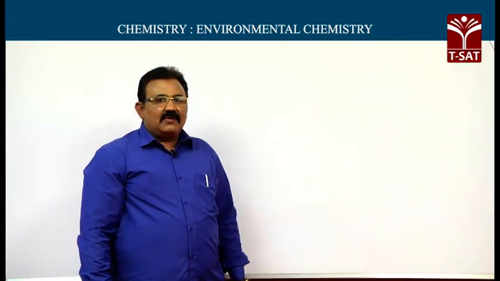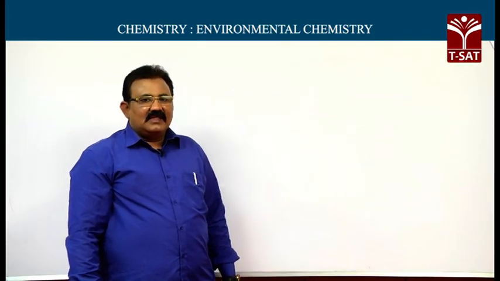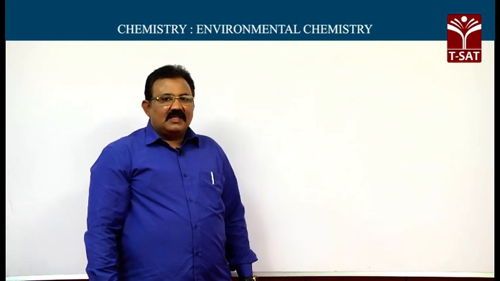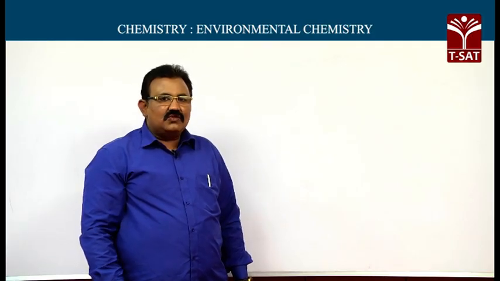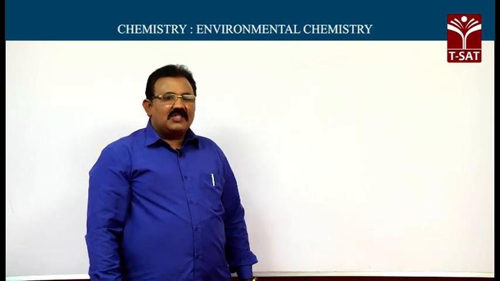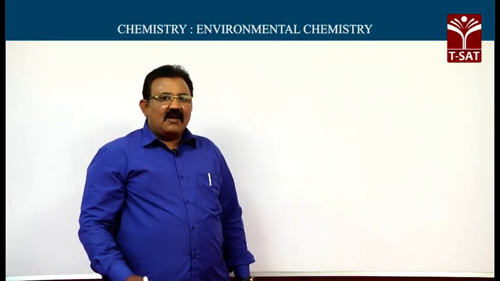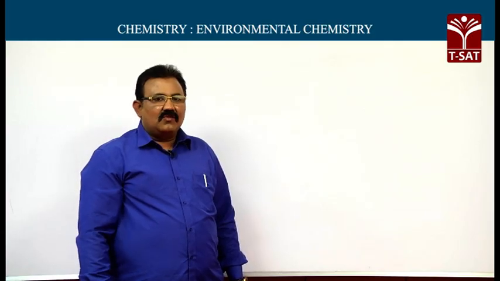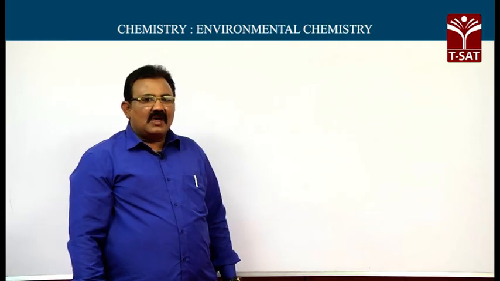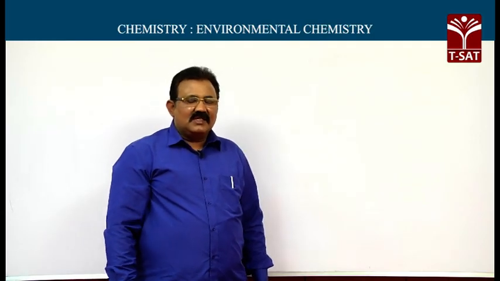Source and effect of nitrogen oxides. Generally, nitrogen has several oxides. They are NO and NO2. These two are the only toxic pollutants. The remaining oxides of nitrogen like N2O5 and N2O3 are not pollutants.